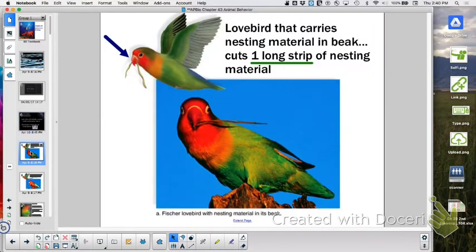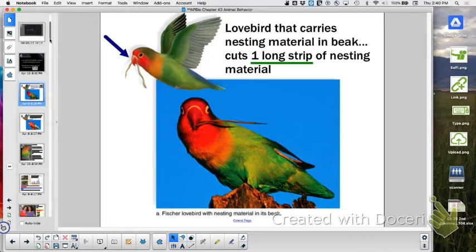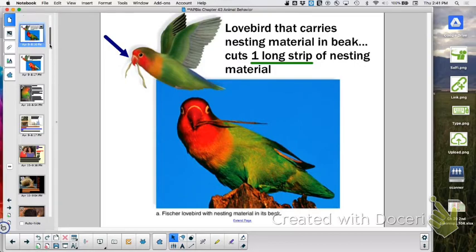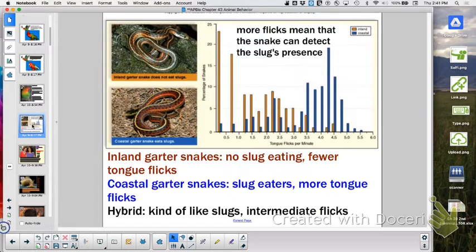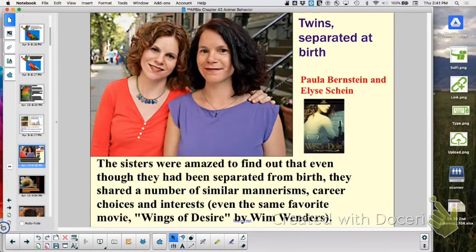Remember, we talked about the lovebird and the size of the nesting material, and that they made the hybrids, who made the hybrid length. We also looked at the snake experiments that had to do with the number of tongue flicks, and that was just because of how many tongue flicks they had, whether or not they could taste the slugs. And we talked about twin studies.